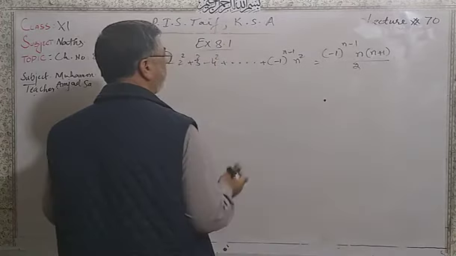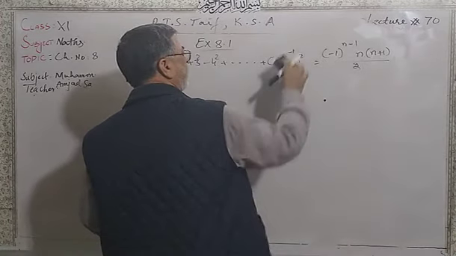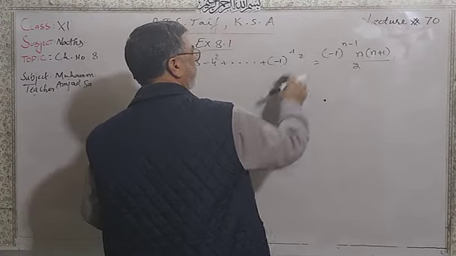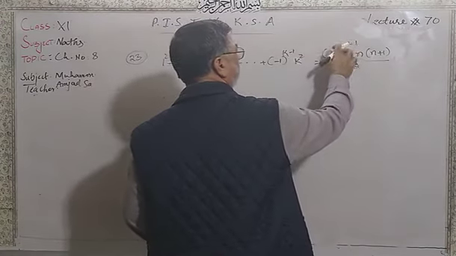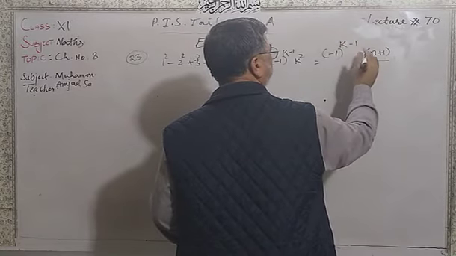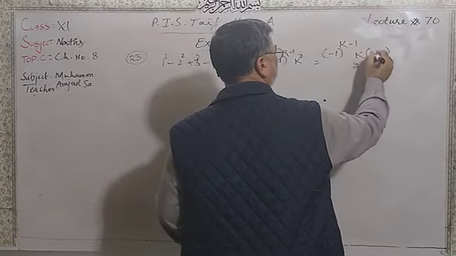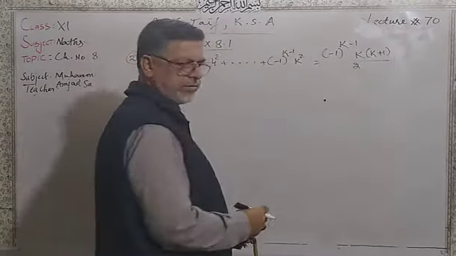Let us consider it is true for n = k. Here we have k², and this will be k(k+1)/2.